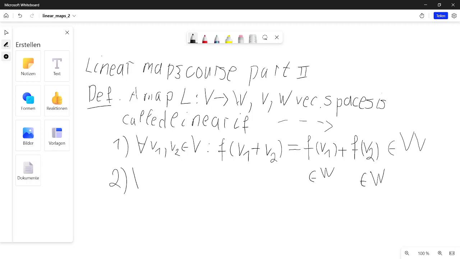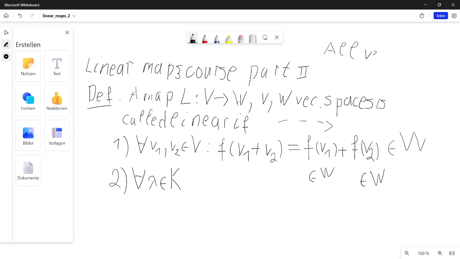Right, and what would you guess for all lambda in K? Of course, as I said, all vector spaces for now are K vector spaces, unless otherwise mentioned.